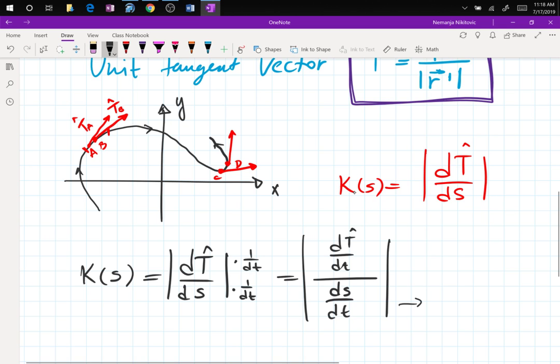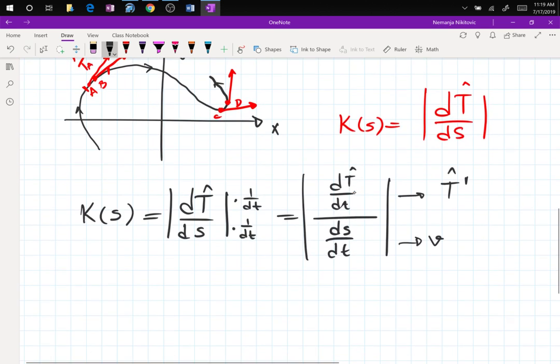So the bottom part is the velocity, and the top part is just the derivative of the unit vector. And that creates the formula for curvature, which is given as Theorem 14.1. It gives you the formula for the curvature in terms of parameter t, because all of your r of t's are given in terms of t, not in terms of s. So it's easy to compute.